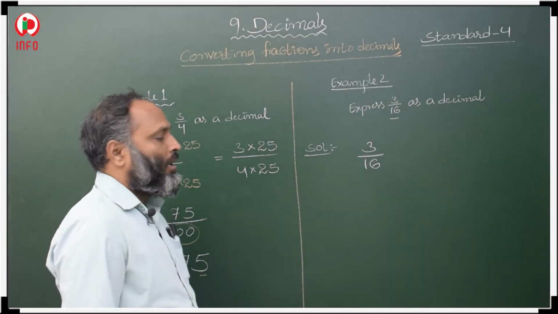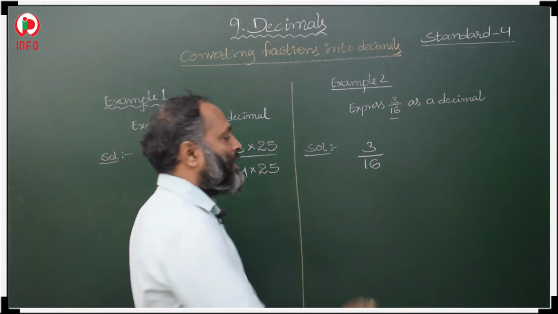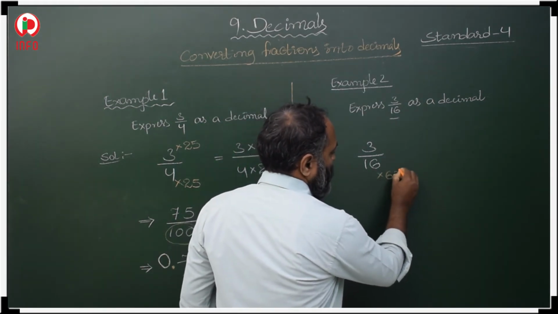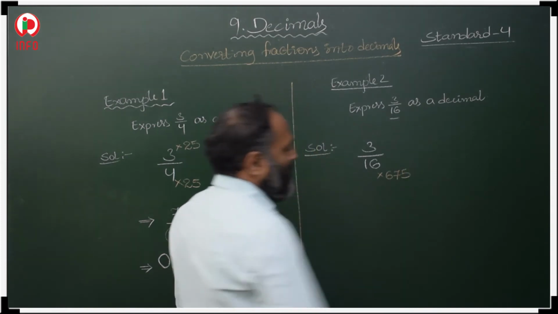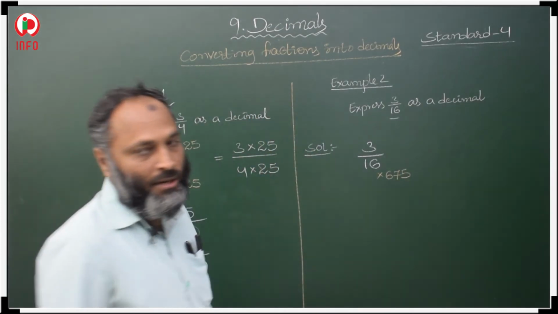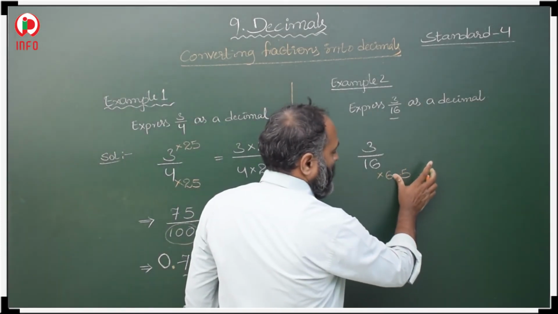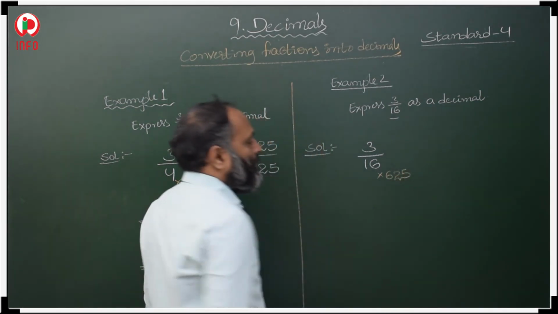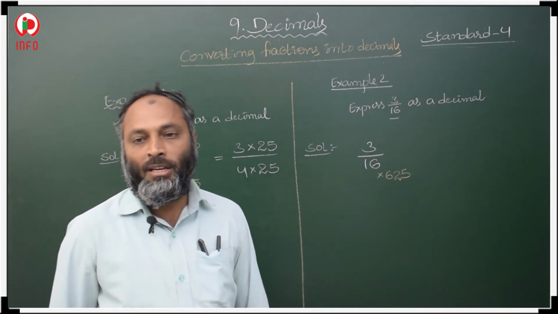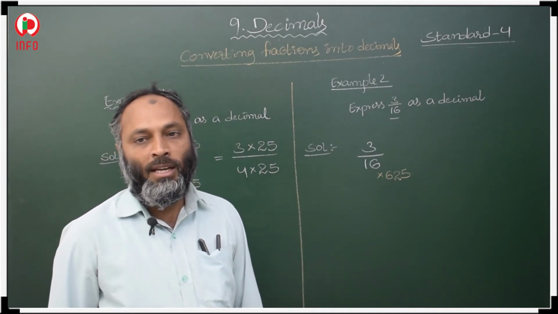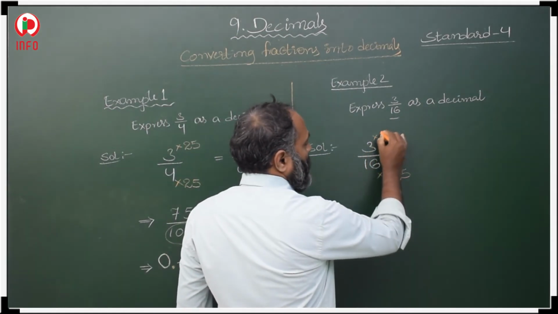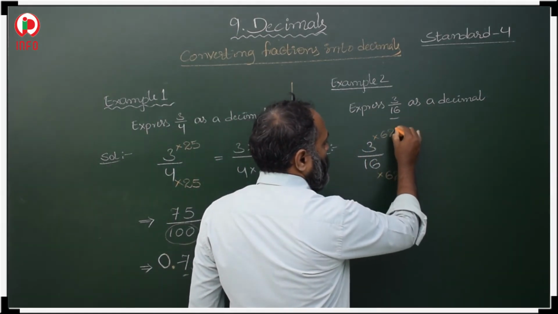Yes. If this 16 is multiplied with 625, then you will get 10,000. For the numerator also we have to multiply with 625.